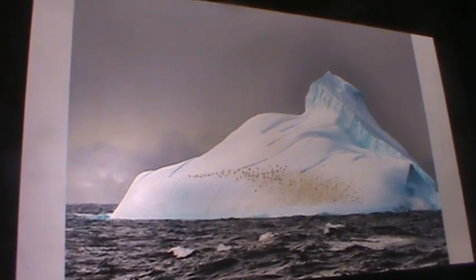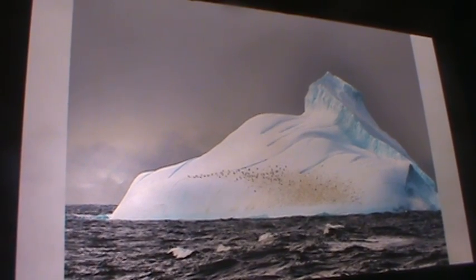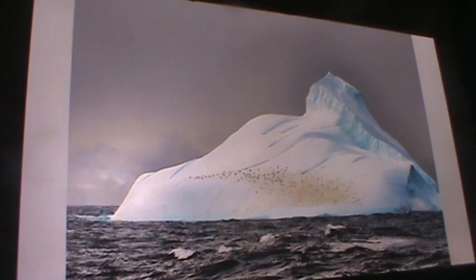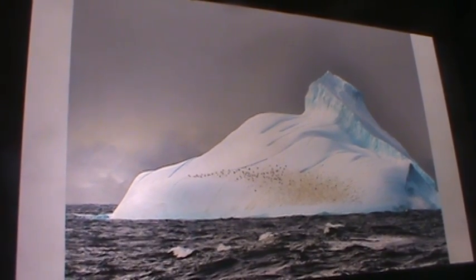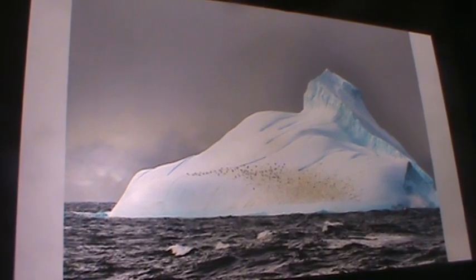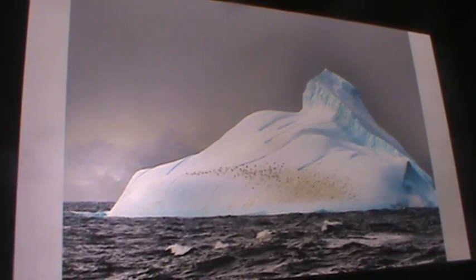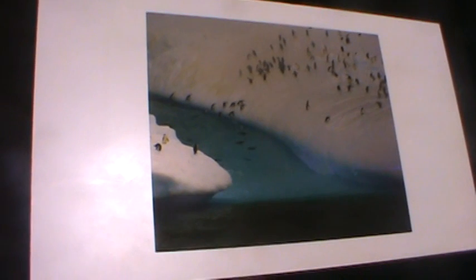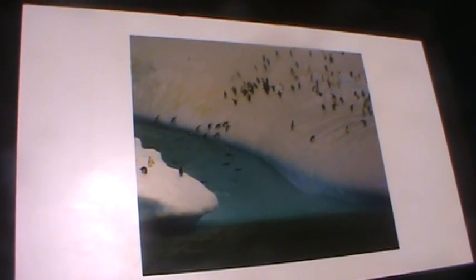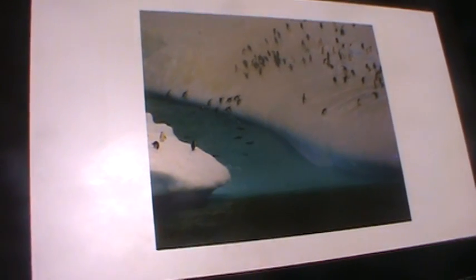They spoil it all, but it shows you where the penguins have been on the icebergs. And you can see how this berg has been eroded underneath by the currents of water, by the wind, just to create these beautiful sculptures out of ice. And here they are using the icebergs as a little swimming pool, diving in and out.